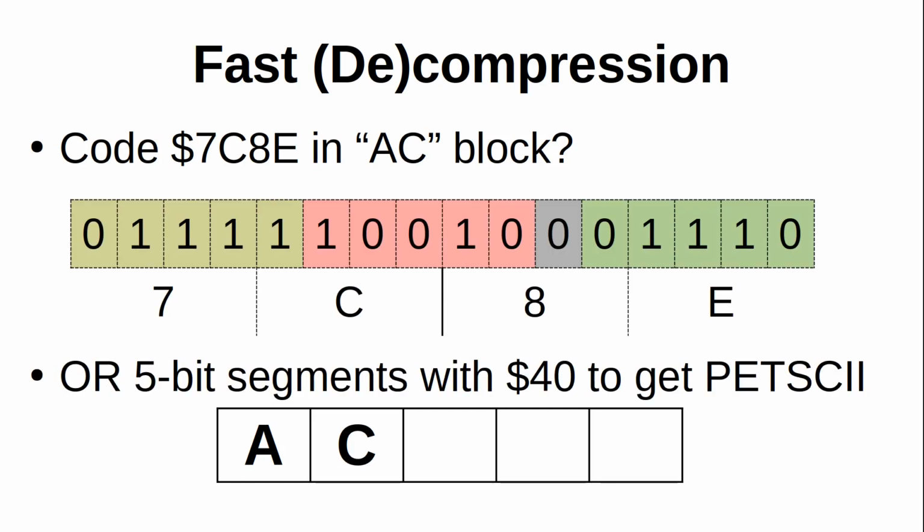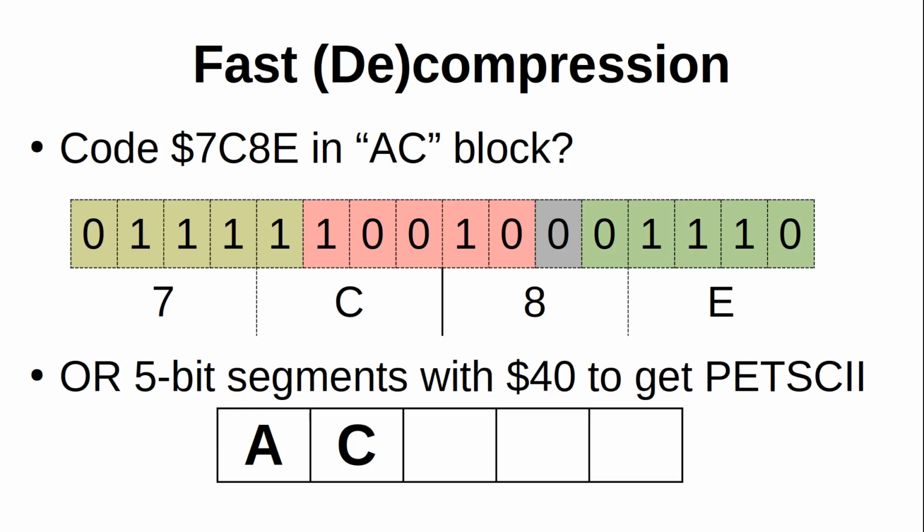Then we put all those bits in a row, and we only need 5 bits for each letter, because the upper 3 bits of any PETSCII letter code are going to be 010, or hex 40. It just has to be ORed with some 5-bit unique value, which ranges from 1 for A all the way up to 26 for Z.